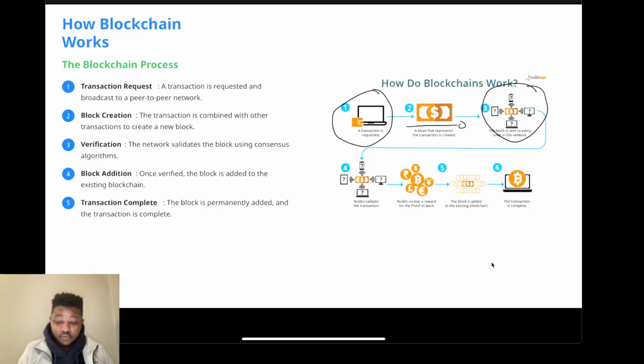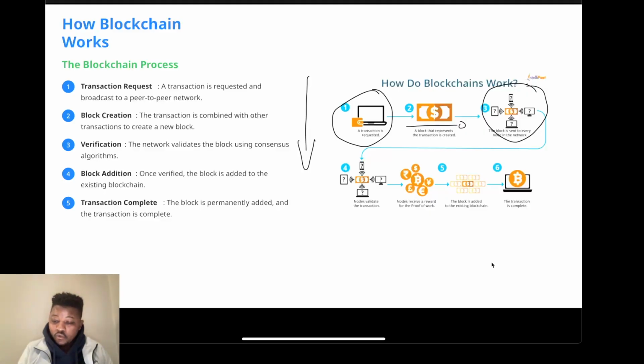Let me walk you through this process from top to down. A transaction is requested and broadcast to a peer network. Then the transaction is combined with other transactions and creates a new block, which is this part.